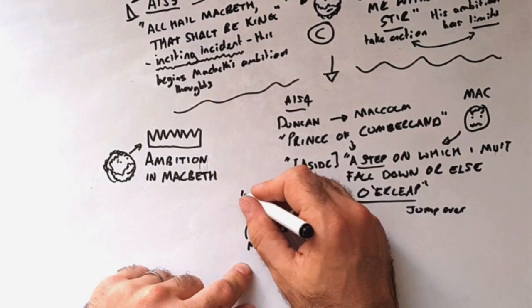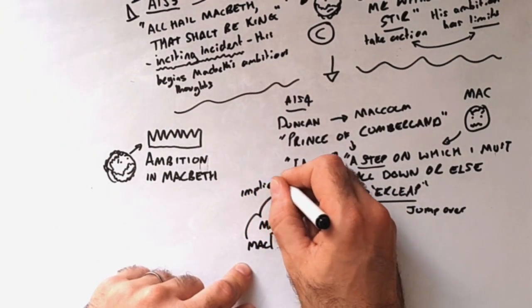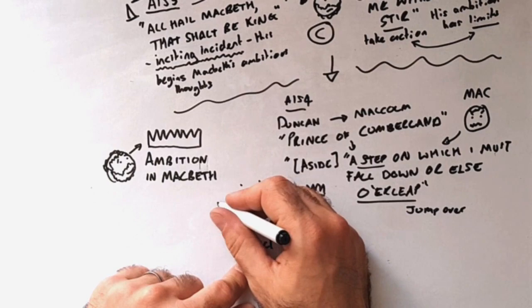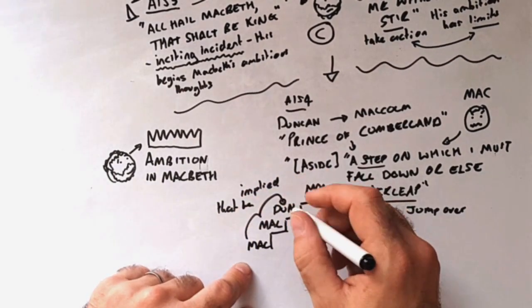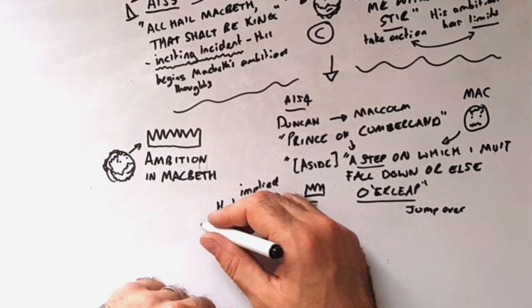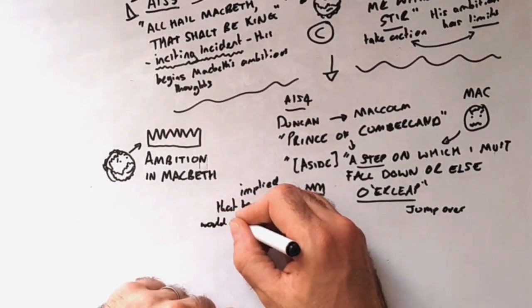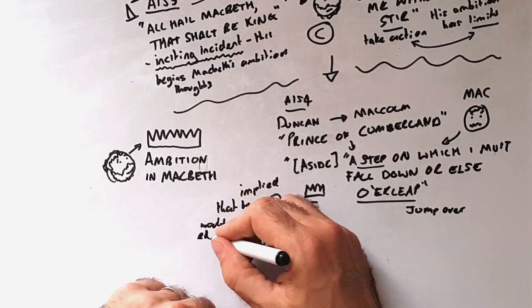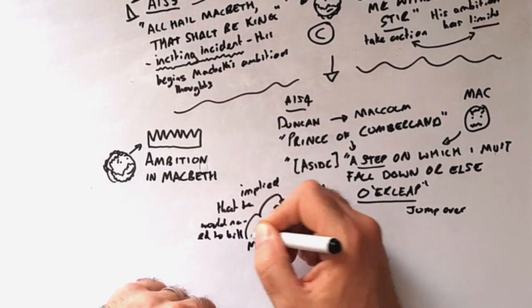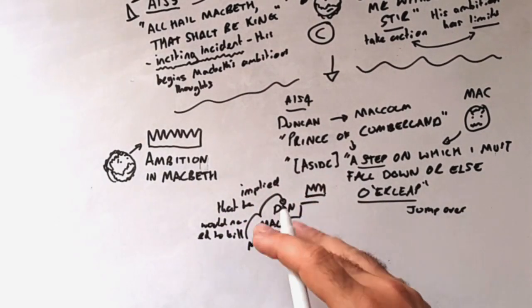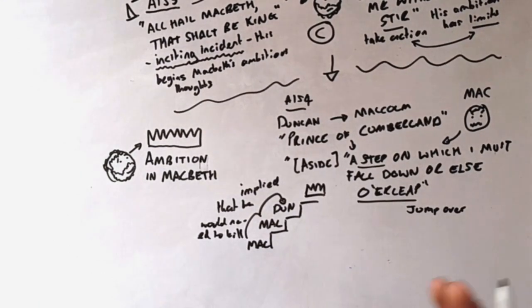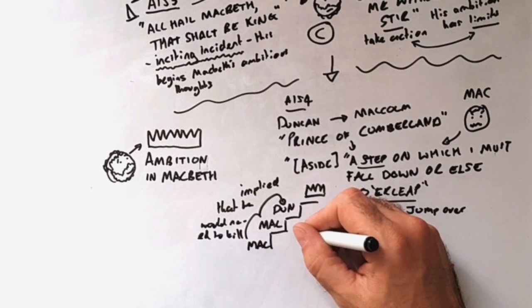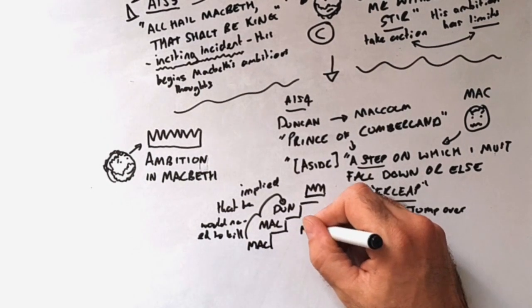It's implied that he would need to kill, never said, but implied. So the idea: step, I must overleap, I've got to get over these steps. It's implied that you might kill them as part of it, but it's only a thought in his head. So you've got this metaphor of the stairway, so I'm going to put a metaphor here.